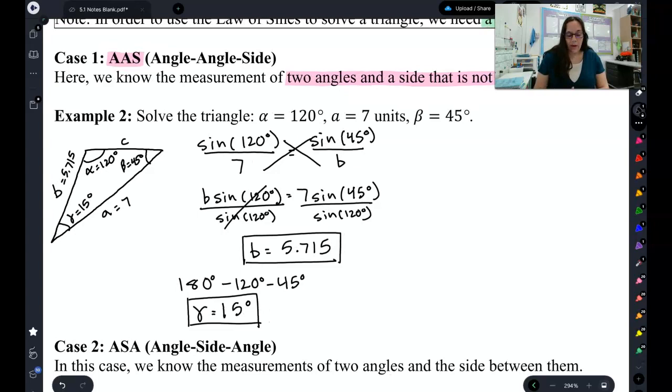And now that I know gamma, now I can set up law of sines again. Start with the pair you were given.